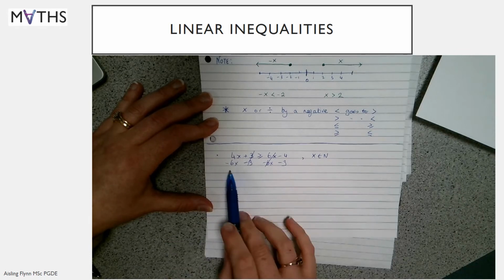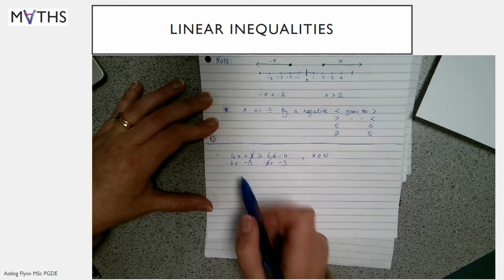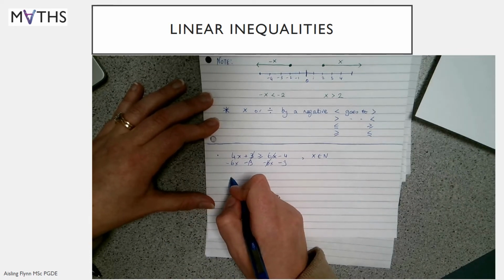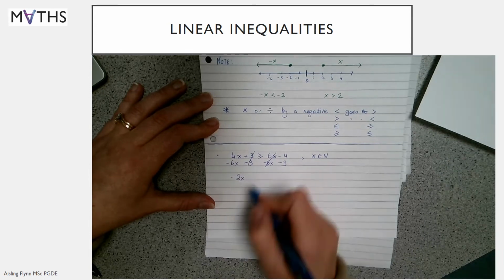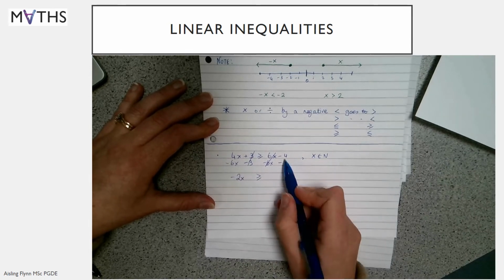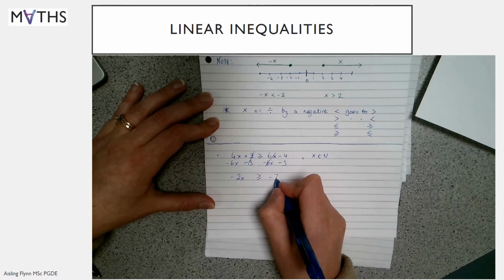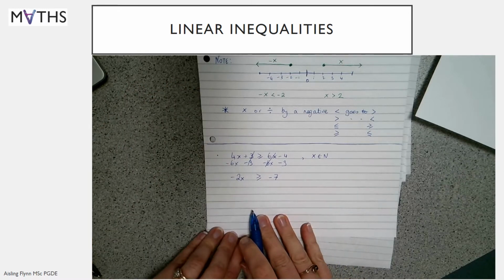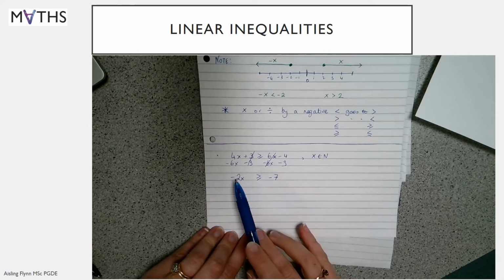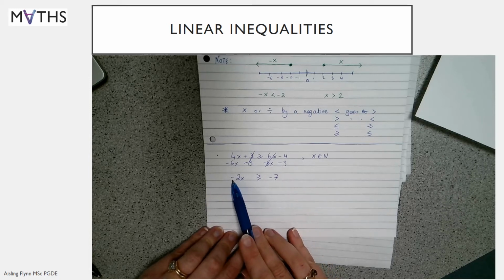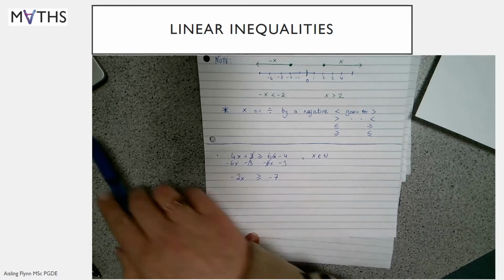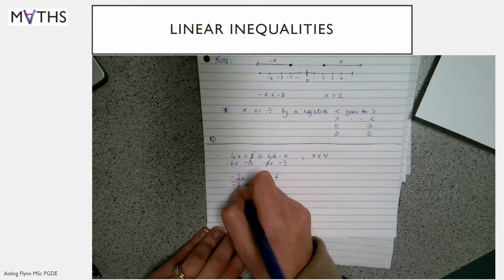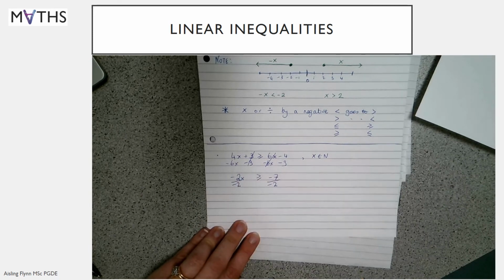And what I'm left with is 4x minus 6x, which is minus 2x, is greater than or equal to minus 4 minus 3, which is minus 7. Now, here we go. I'm going to divide by a negative number. I'm going to divide by minus 2 on the left and minus 2 on the right.